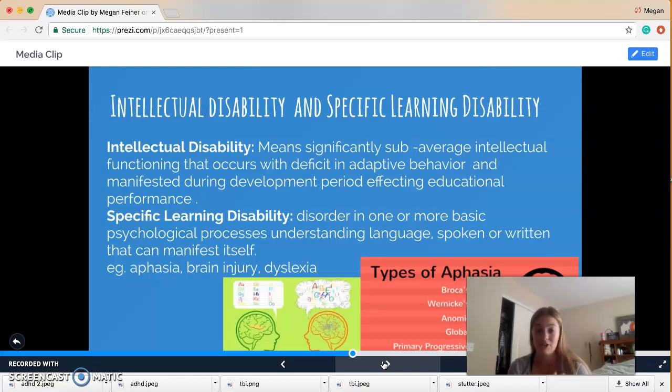So there are limitations with their ability to be socially appropriate as well as their practical skills. Examples of these would be Down syndrome, Prader-Willi, and Fragile X syndrome, and these usually are significant intellectual deficits. Most times the student will not cognitively catch up with the other students, and they will need an IEP.